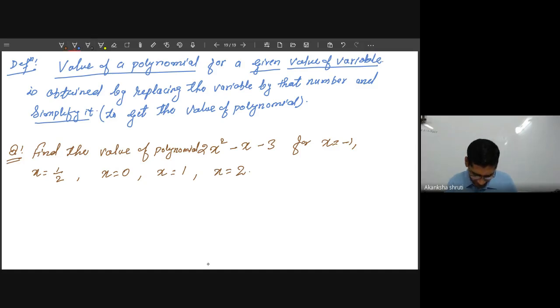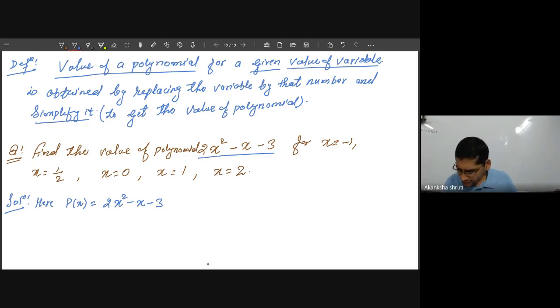At that time, you have to use the mathematical language of writing. Very first, denote the given polynomial as p(x). So here the polynomial p(x) is 2x square minus x minus 3. This is given.